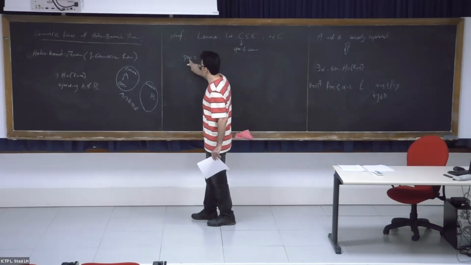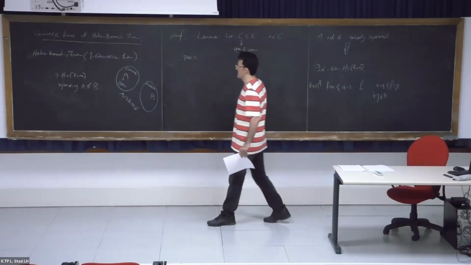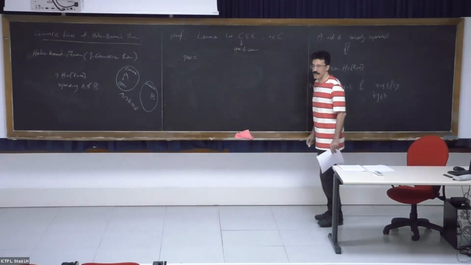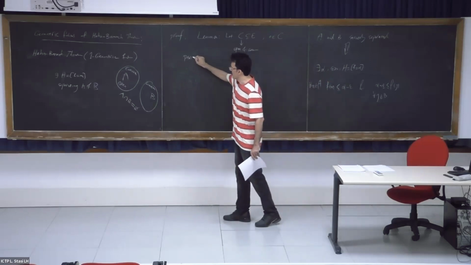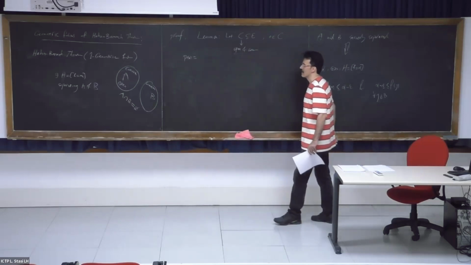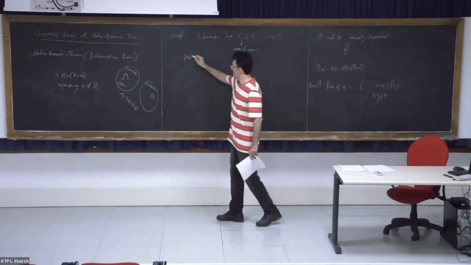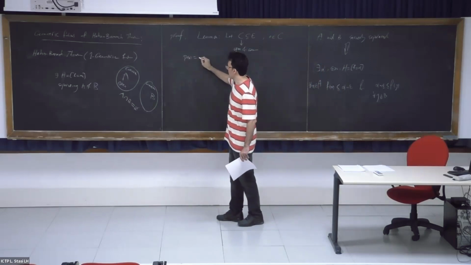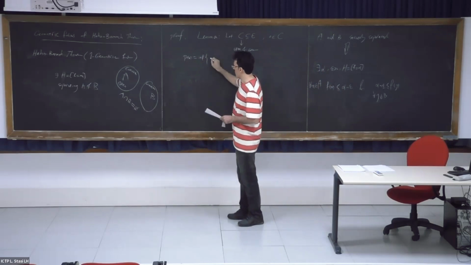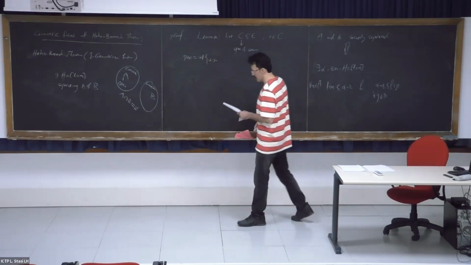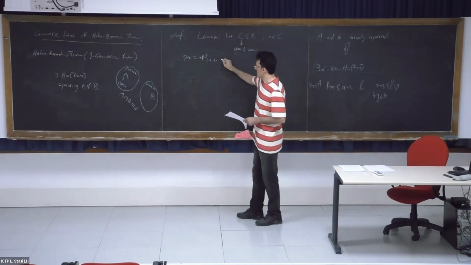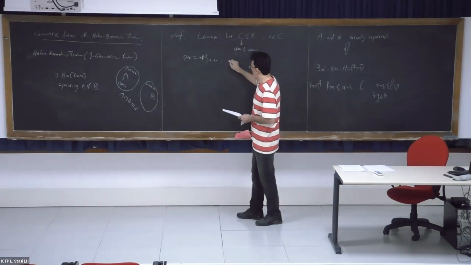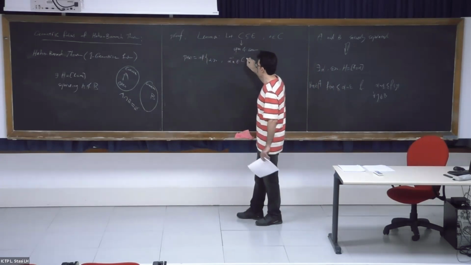Here is familiar because we had something like this. P of x, we define as the infimum of positive alphas with this property: alpha inverse x is in C.